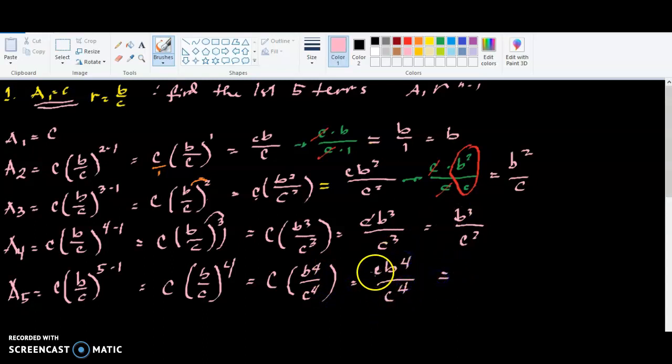So, merong isang C dito, maiiwan, B raised to 4 over C raised to 3. So, these are the first five terms of this sequence. We have C, we have B here, we have B squared over C, we have B cubed over C squared, and that one.